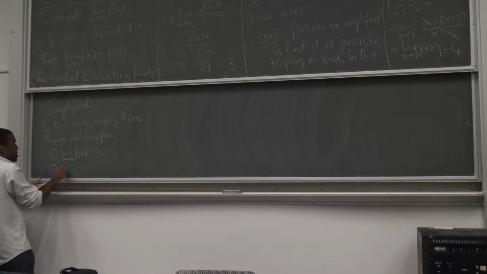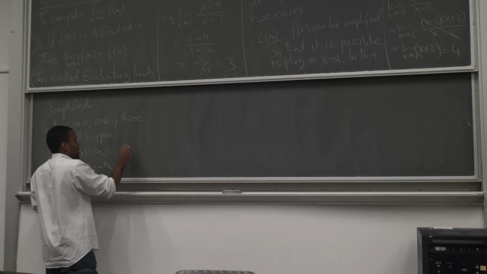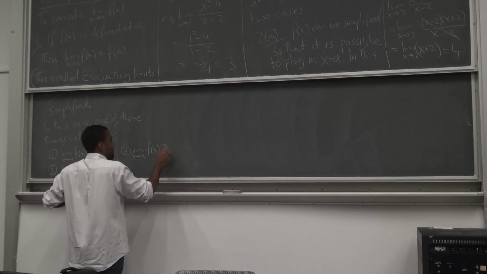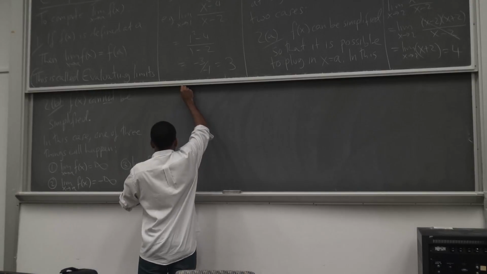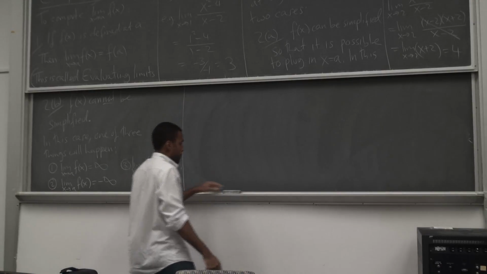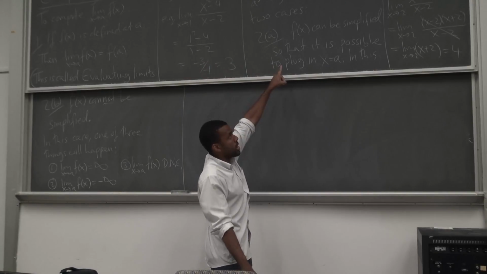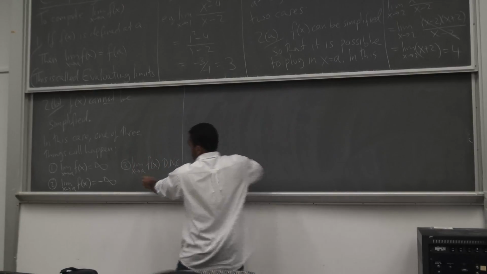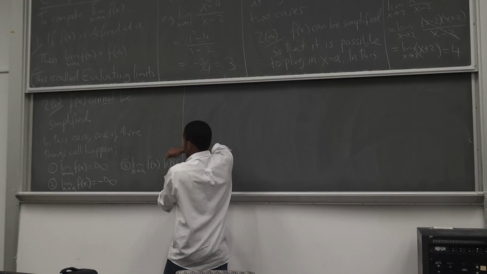Two, the limit can give you a negative infinite answer. Or three, the limit just plain old does not exist. So in these two cases, in case 1 and case 2, part A, the limit actually exists, I can get an answer. In this case, it can go either way. The limit can exist, but it will be infinite in some direction, or it just won't exist at all.